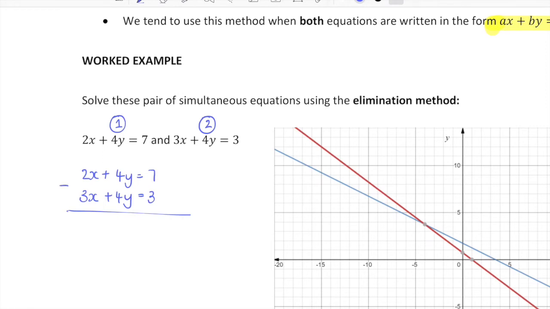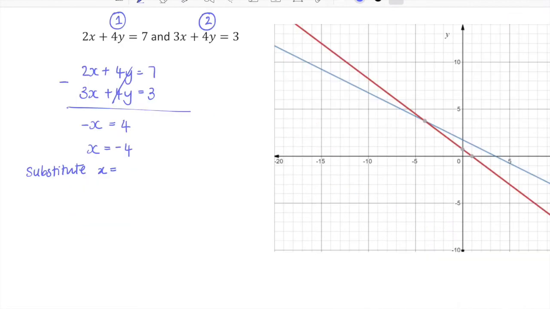I'm going to do that by subtracting them. So I'm subtracting equation 2 from equation 1. I'm going to cancel that out. And what I'm left with is 2x minus 3x is negative x. And then 7 minus 3 is 4. So x is equal to negative 4. Now I'm going to substitute x is equal to negative 4 into equation 1 or 2.